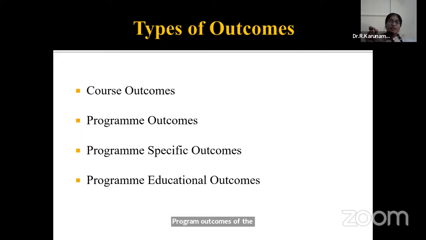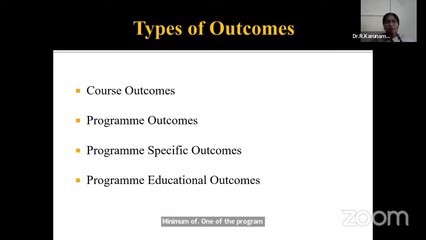For example, if there is a course called drama in English literature, the course drama should be mapped with the program outcomes. Maybe 8 to 12 program outcomes are planned before the program is introduced, and the course outcomes should be mapped with a minimum of one of the program outcomes.